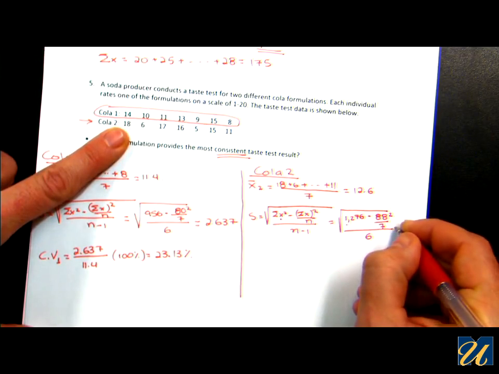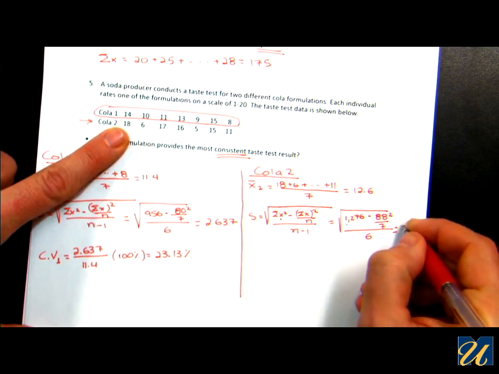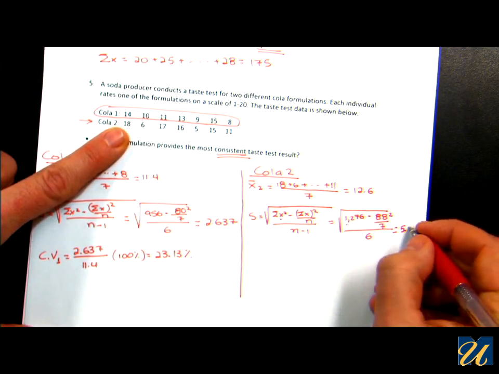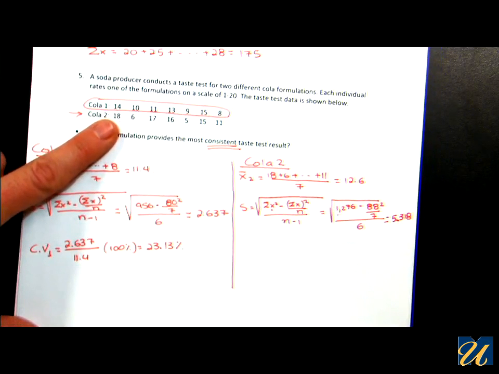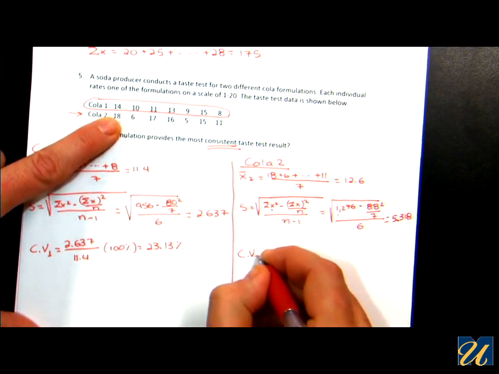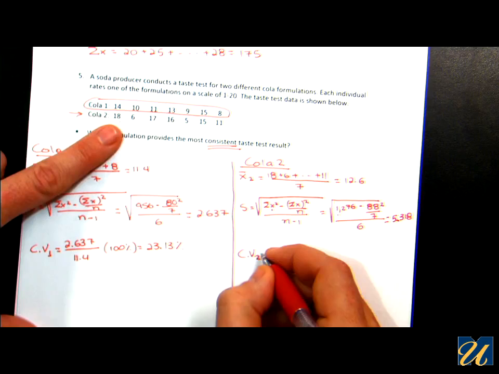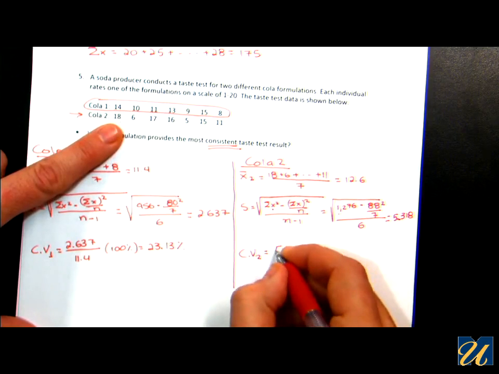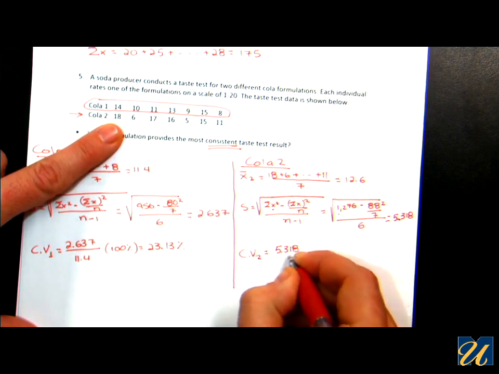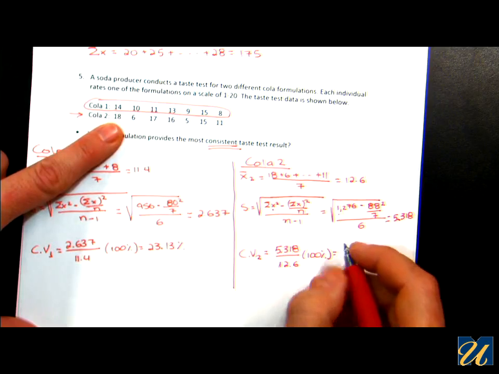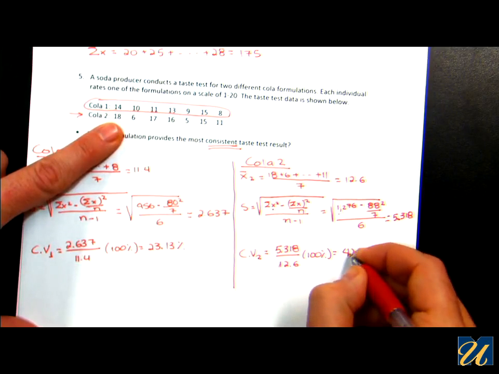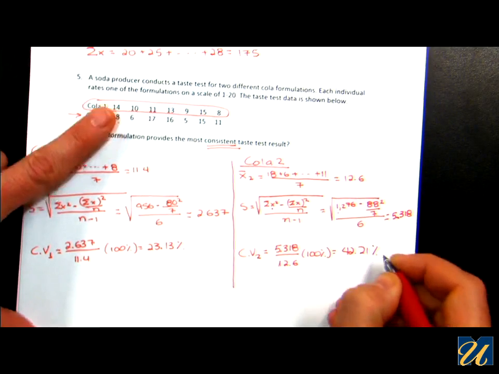So if we do our calculations, this will be 5.318. So the coefficient of variation for the second set of data will be 5.318 over 12.6 times 100%, and this will give us 42.21%.